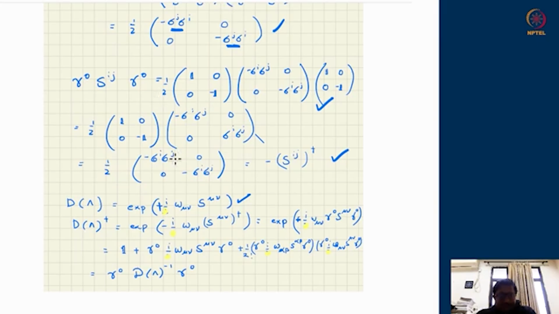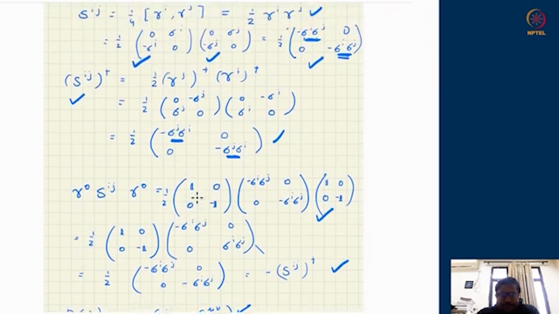Secondly, when I'm writing the transformation matrix as generators times the parameter times iota, whether I write this iota explicitly here or absorb it in omega depends upon the notation we are using.